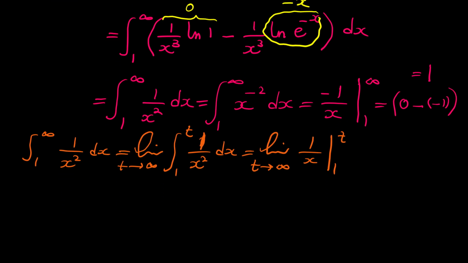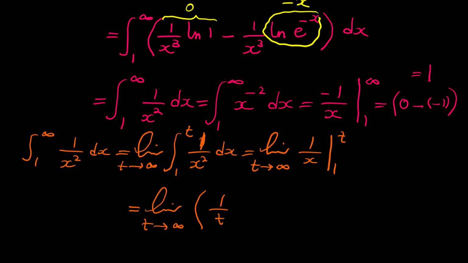Now for finding this limit, we substitute t here, and then we substitute 1. So this equals the limit as t approaches infinity of negative 1 over t, we substitute t, and then we substitute 1.